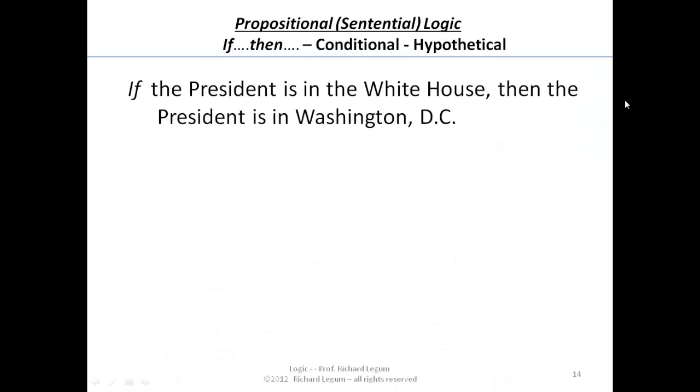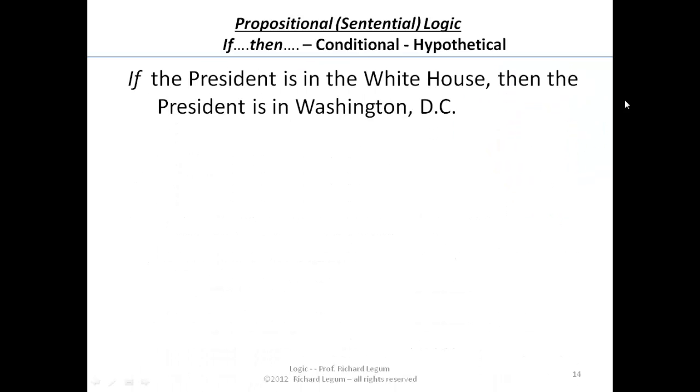So, in looking at it, think of this one. If the president is in the White House, then the president is in Washington, D.C. Well, let's look at the diagram.